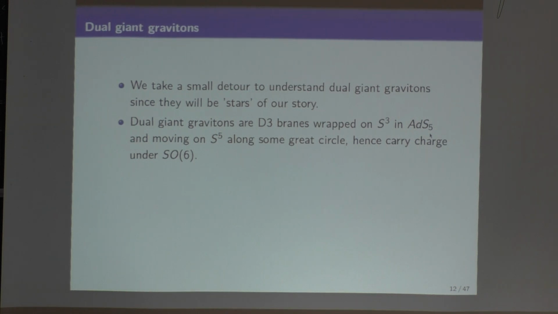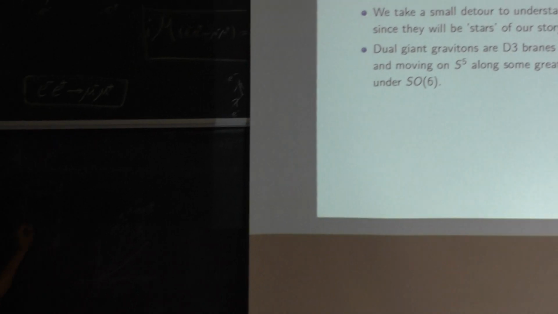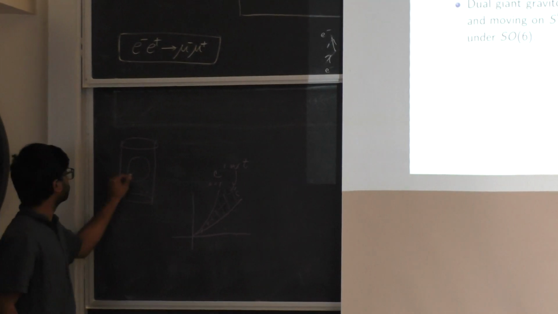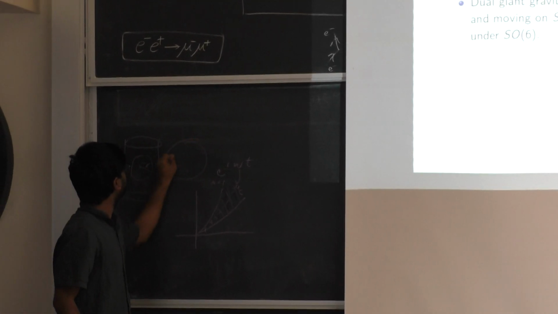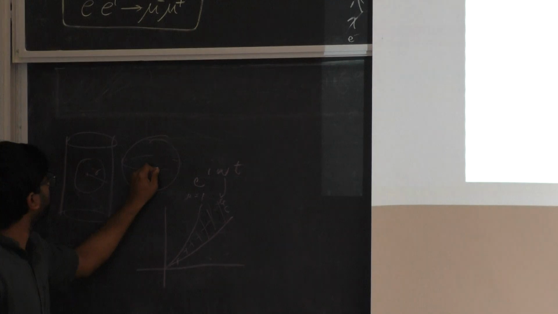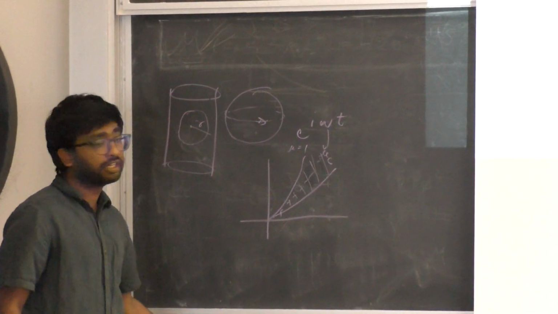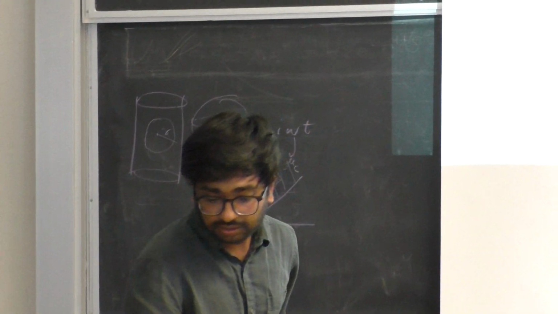To draw a picture, imagine you have this AdS space and they wrap some S3 in AdS space, so they are at some fixed distance r, and on S5 they are point-like particles rotating with some velocity along some equator. Hence they carry some charge under the SO(6).